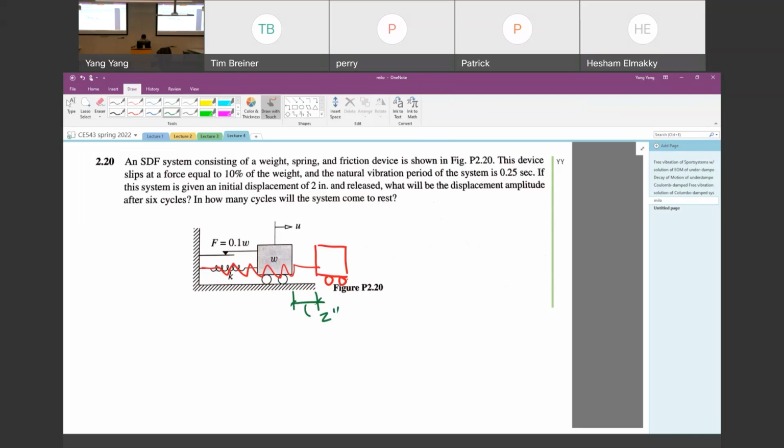And after 6 cycles, what will be the displacement?